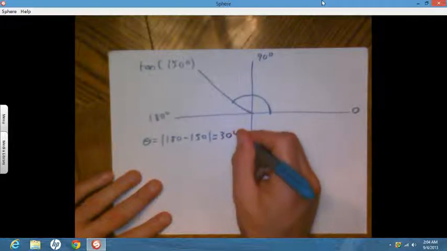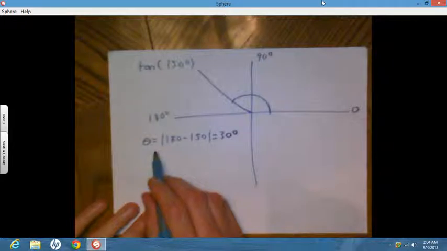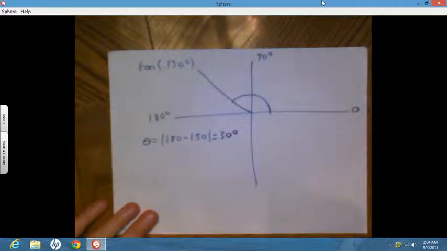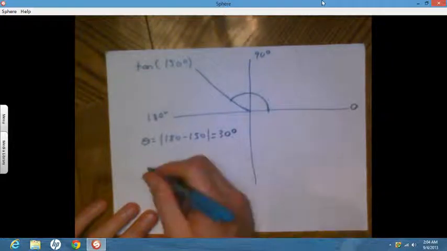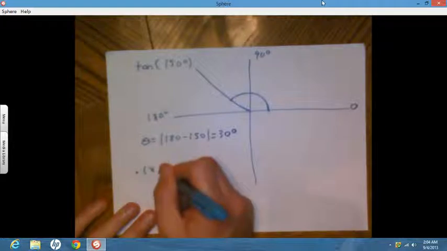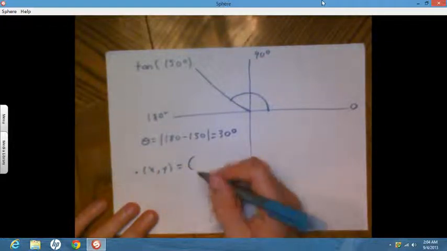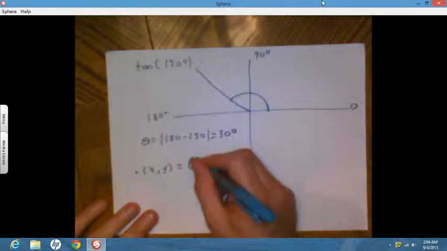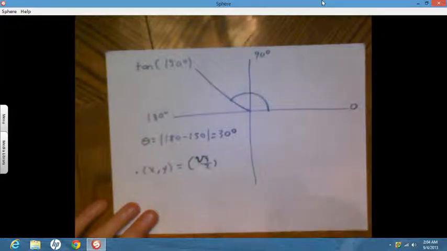Okay, so my second step was find my reference angle. My third step is write down x and y for my reference angle. So x comma y for my reference angle is equal to the square root of 3 over 2, because my x value for 30 degrees is square root of 3 over 2.